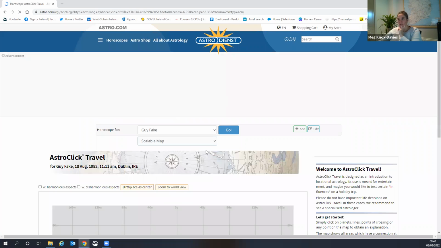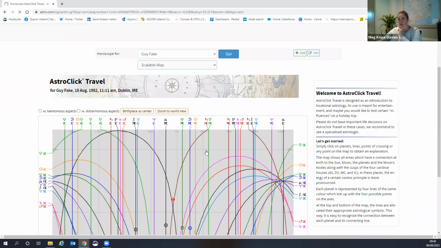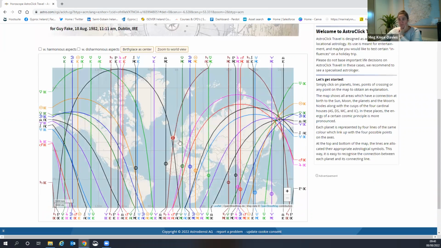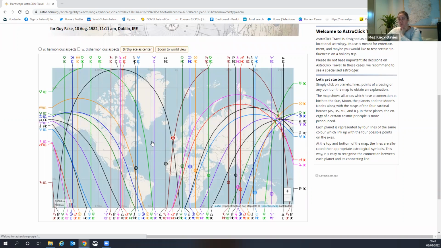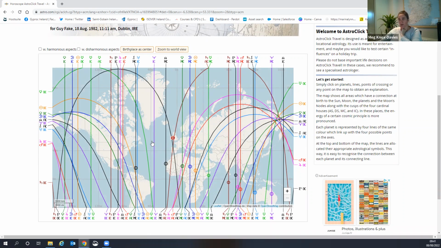Then this is the map of the world. So just a few things that you can see just straight off the bat is this little red dot here is the birth location.